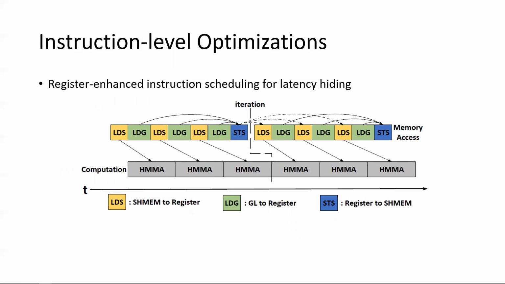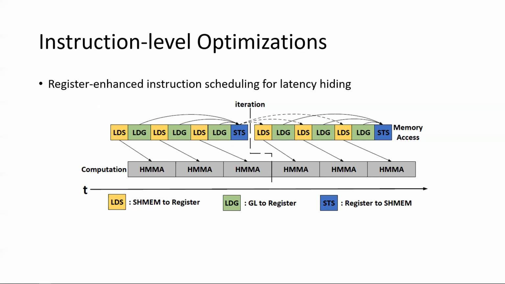At each iteration, we load data from shared memory and use this data in the fragment for the computation with HMMA instruction. Meanwhile, we also hide latency by loading the data from global memory to the shared memory. This data is loaded for the next iteration.